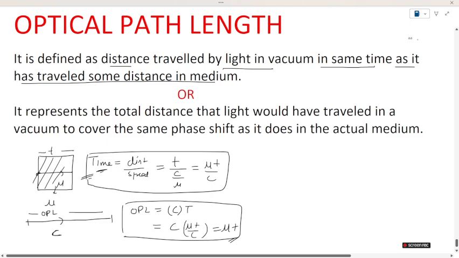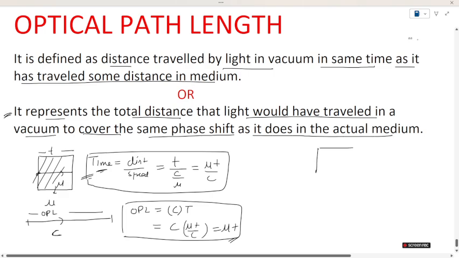And if we define it the second way, it represents the total distance that light would have traveled in a vacuum to cover the same phase shift as it does in the actual medium.